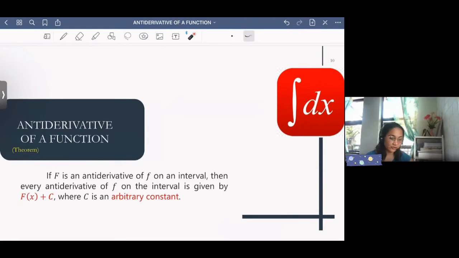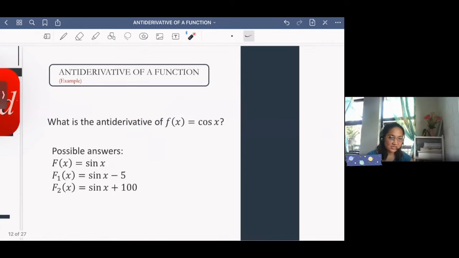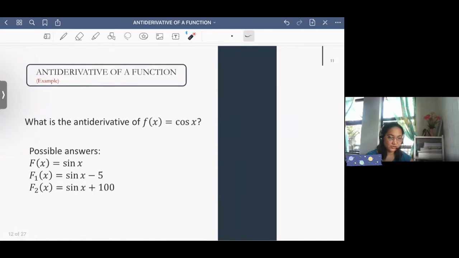So this is for the general antiderivative of a function. Since all three functions lead to the same derivative, the derivative of these three functions will give you cosine x.